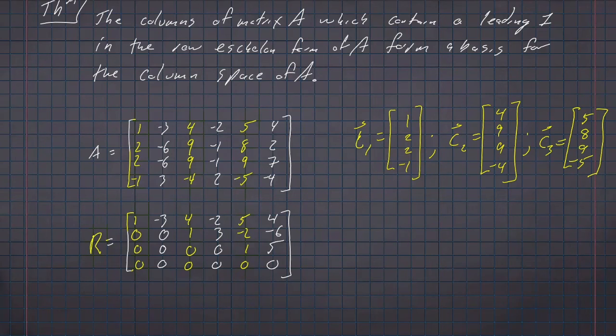These 3 columns, because they map to those leading ones in the row echelon form, these 3 columns form the basis of the column space. It's a roundabout way to get there, but it does get there, and that's what really matters.